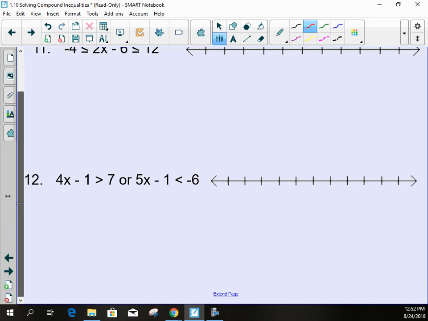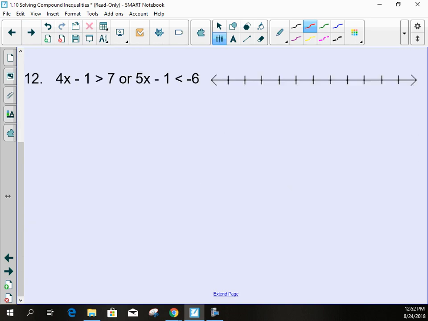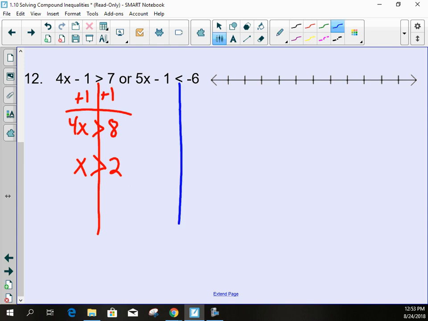Number 12 is an or. Number 12 is actually a lot easier because this is actually two different problems. I'm going to solve this one first. X is greater than 2. Now I solve this one. +1, 5x is greater than -5.